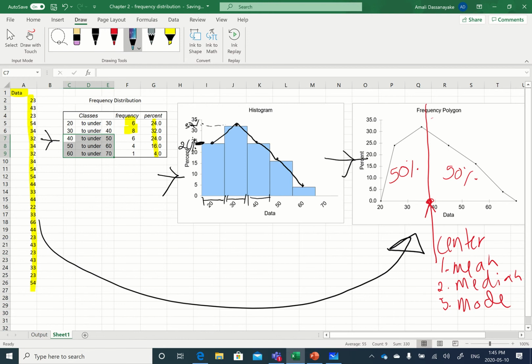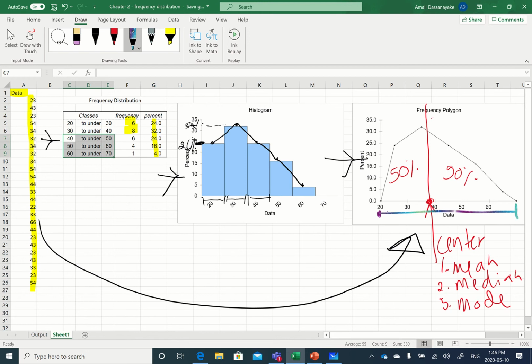And then we are going to measure the spread. In this video, we're going to talk about how you measure the spread and what this spread is. Spread can be the complete spread of the data set, in this case starting from 22 all the way up to 70.